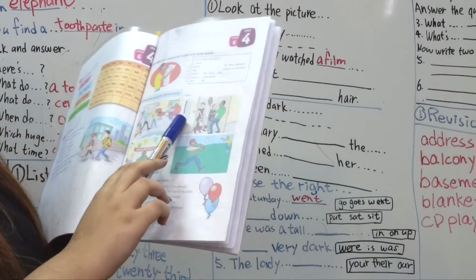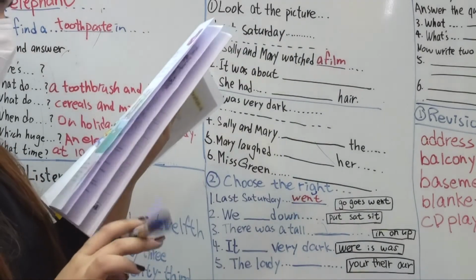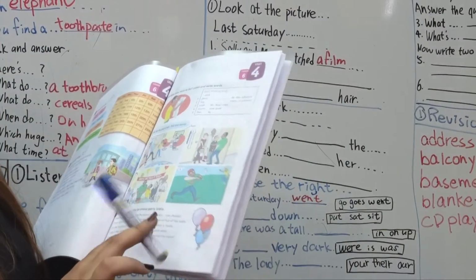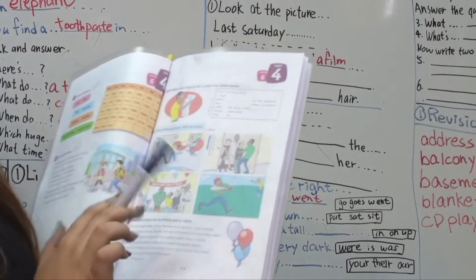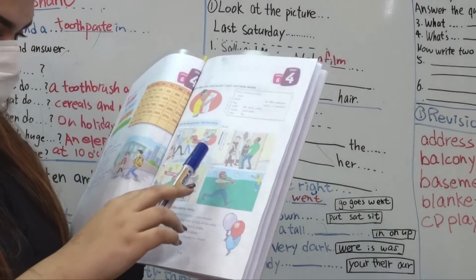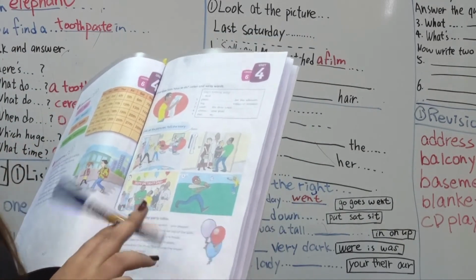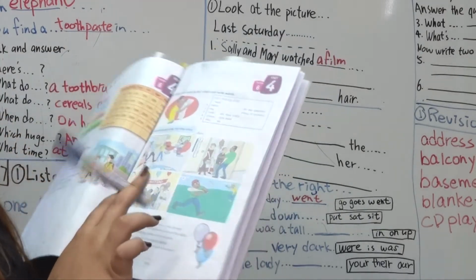Number 2, picture 2. And who are they? Maybe you can say Sam's uncle and auntie and his cousins were there as well. Okay? After that, what happened after that?